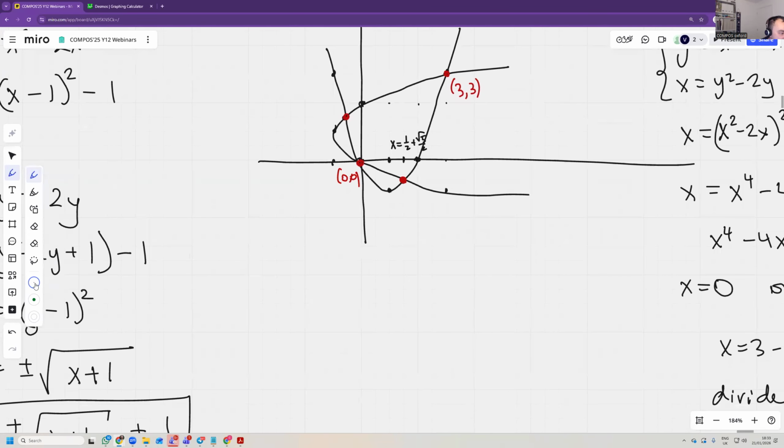And I'm going to split it into pieces. So first of all, I'm going to split it like this. I'm going to find the area under this curve. So first of all, I'm going to find this area.